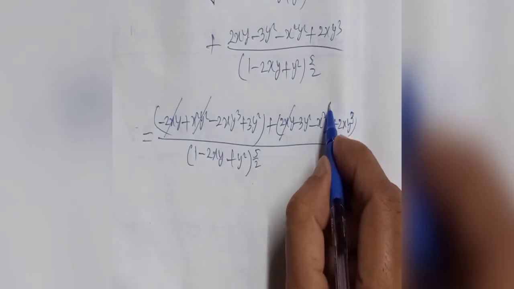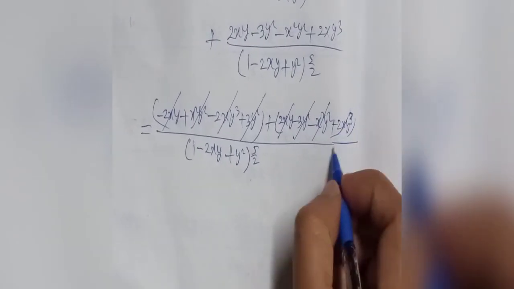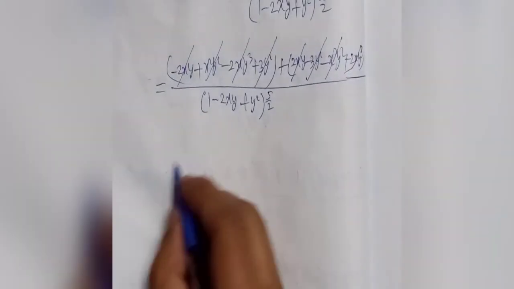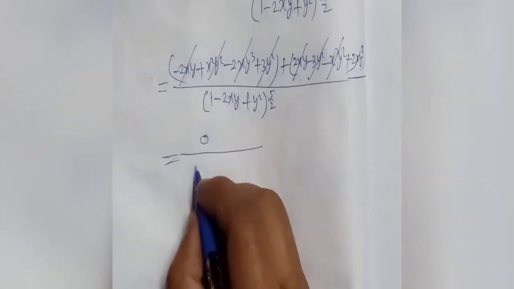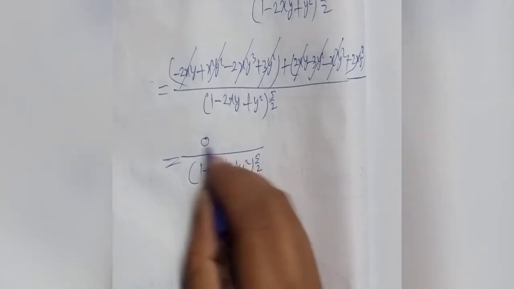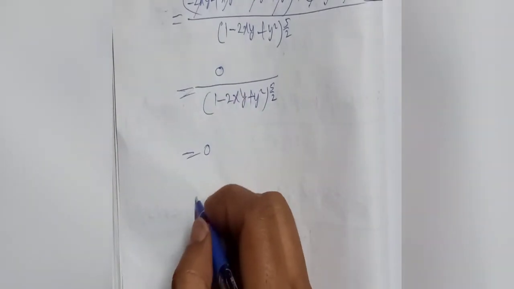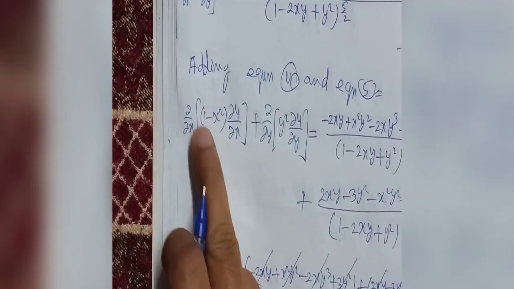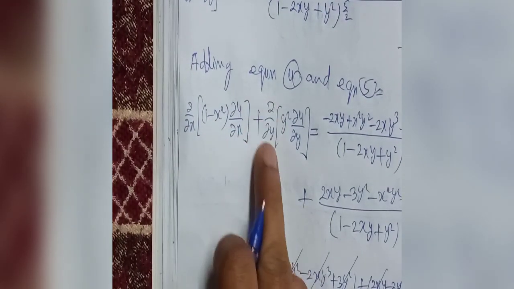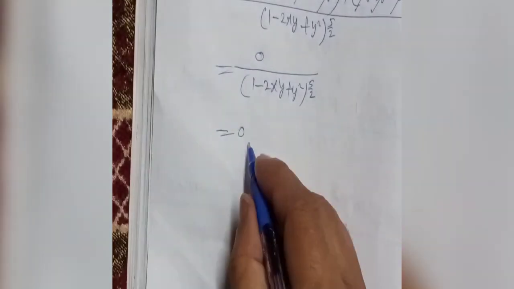Also these are like terms with opposite signs, so all terms cancel and only 0 remains here. After dividing by a value other than 0, we get 0, which was to be proved: del over del x into 1 minus x square del over del x plus del over del y square del over del y is equal to 0. We get 0 as proved.